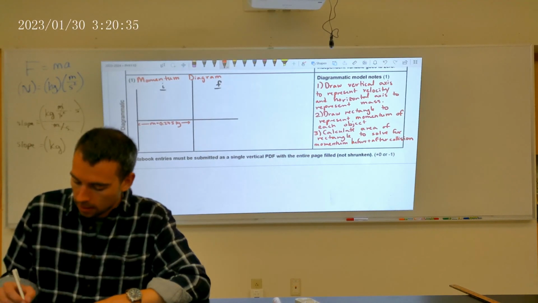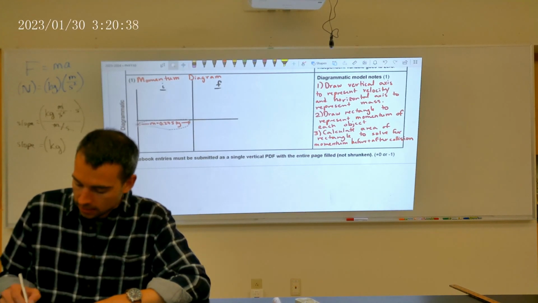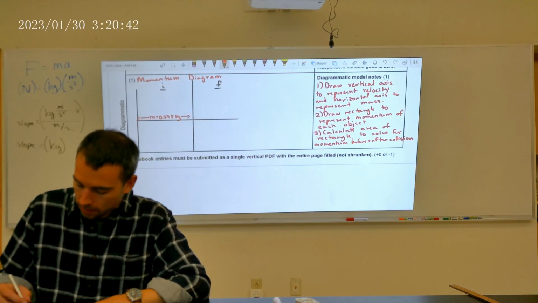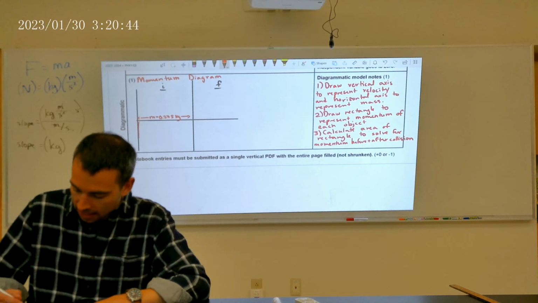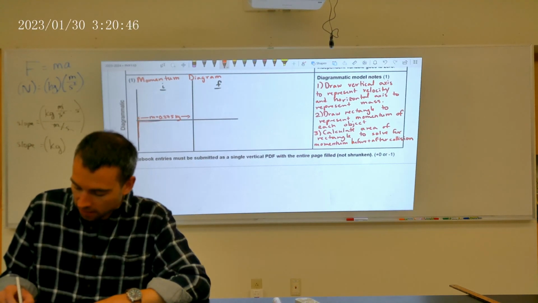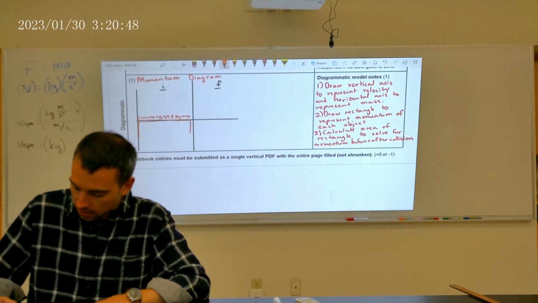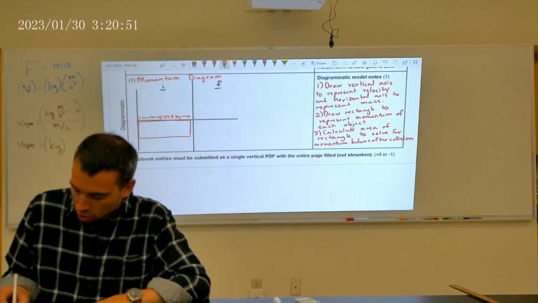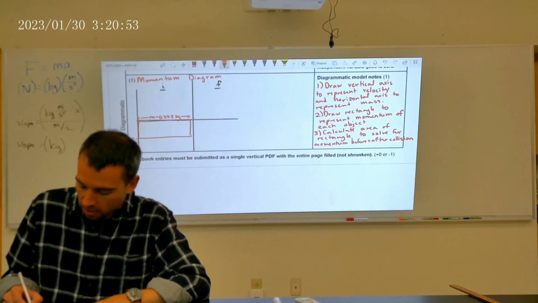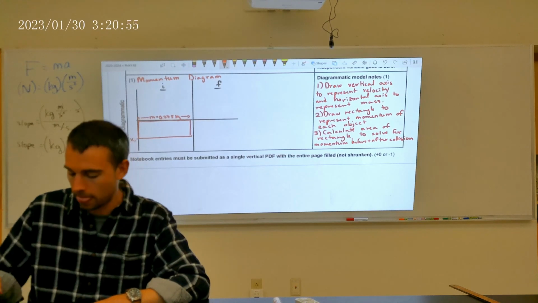There we go. Maybe I'll grab this, move it up a little bit. There we go. I'm going to draw my rectangle in the negative because we had an initial negative velocity. Just doing a relative drawing right now. V1 initial.